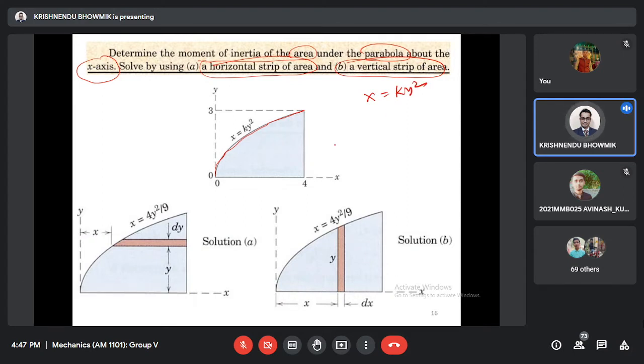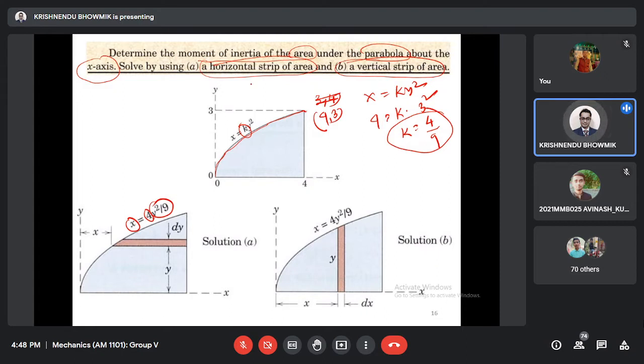It is passing through this point, 4, 3. So you write 4 equal to k times 3 square, so k equal to 4 by 9. That means the k value is indirectly given. So x equal to 4 y square by 9.